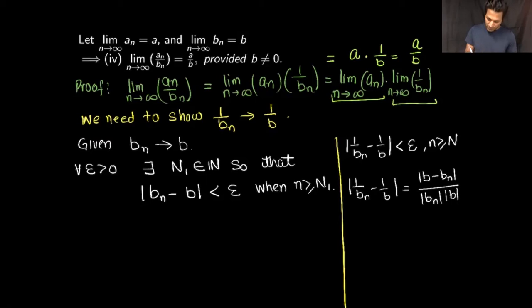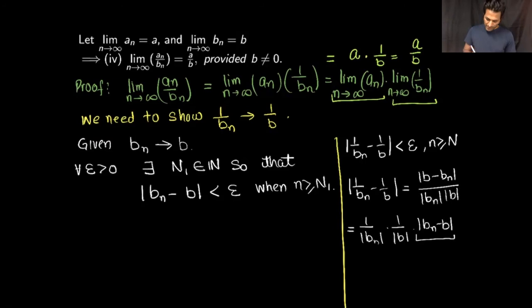And this I can write as 1 over the absolute value of bn, times 1 over the absolute value of b, times the absolute value of bn minus b. The b minus bn is the same as bn minus b inside the absolute value. So I already know this is less than epsilon, and this is just a constant. I can just make this less than epsilon times the absolute value of b, so that will basically kill that constant.